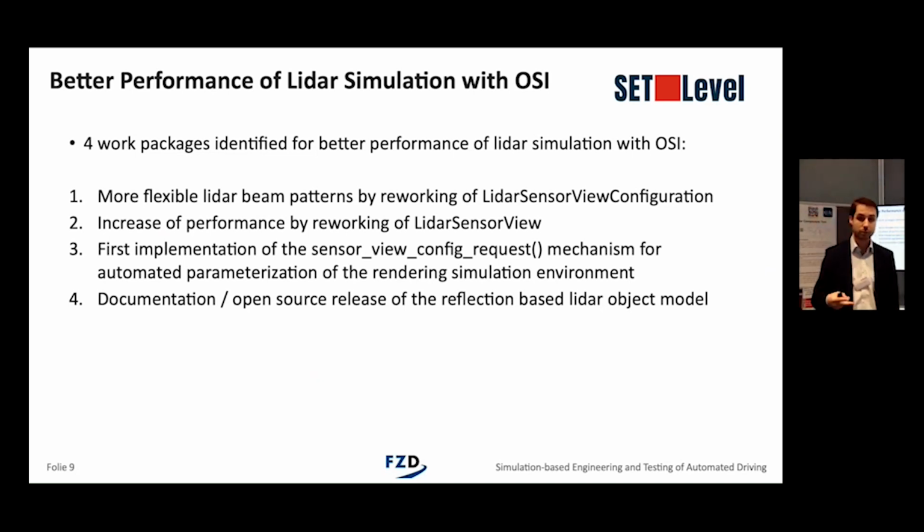The second one is increased performance, so bring it more towards the goal of real-time capability. Third one is that we wanted to implement the sensor view request mechanism that's inherent in the OSI for the first time. And the fourth goal was to make everything open source, well documented, so everyone can use it.